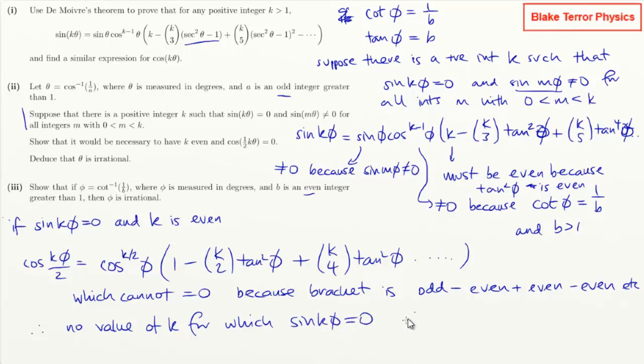Therefore k phi does not equal n times 180, so phi does not equal n times 180 over k, therefore it is irrational.